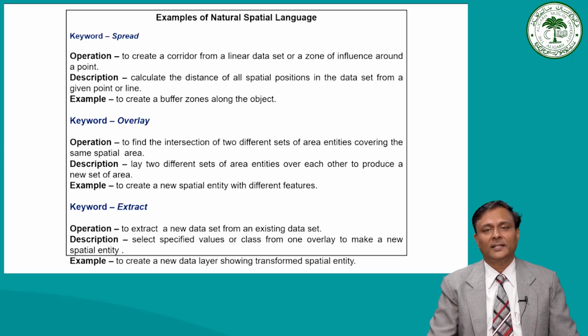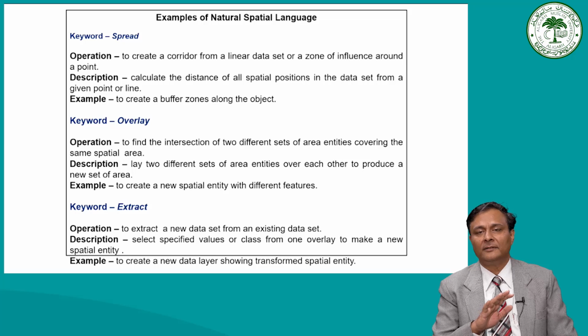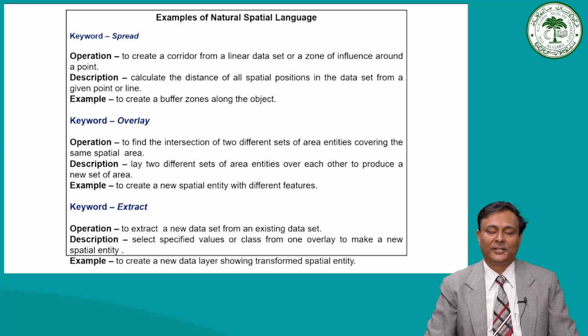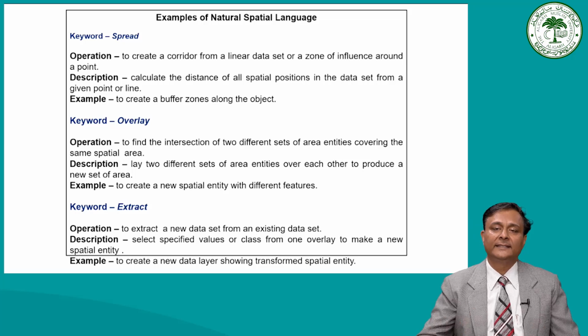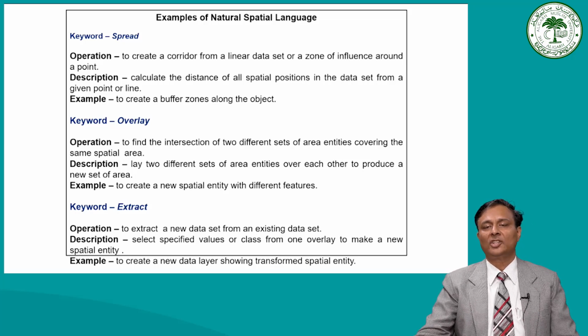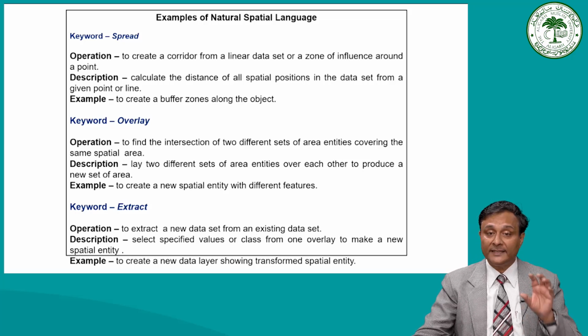Now, this particular slide I have explained at length during my previous interaction with you. In these slides, we explained some spatial language about spatial analysis procedures like spread, which is to create a zone of influence around a point, line or area entity. This can be done by drawing distance of spatial positions in the data set. Another is overlay, which is to find the similarities or differences of two different sets of area entities covering the same spatial area.